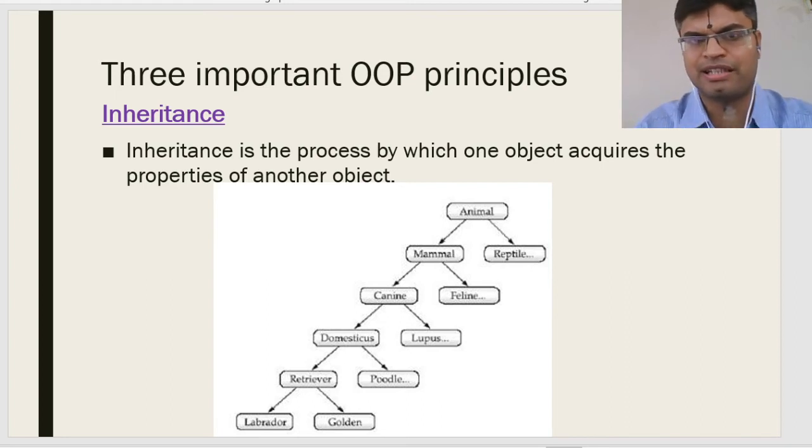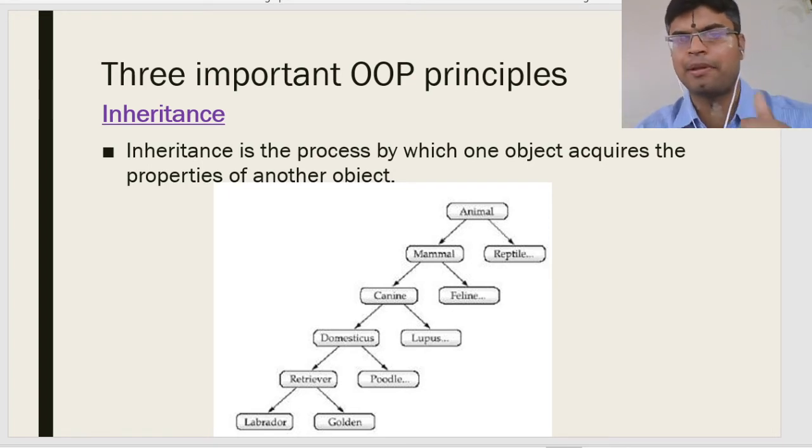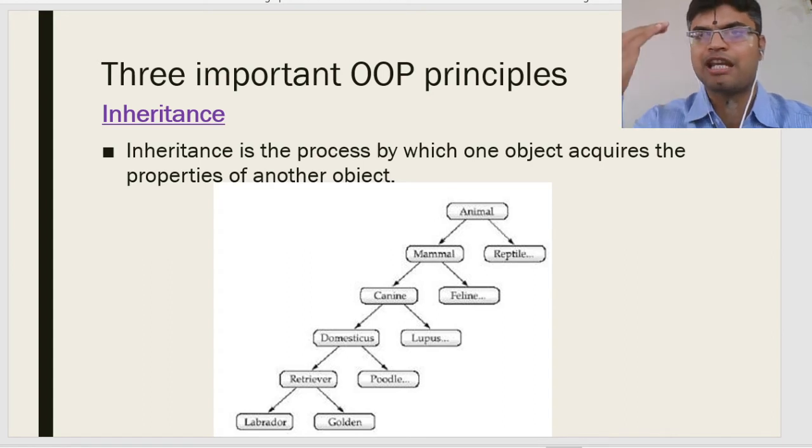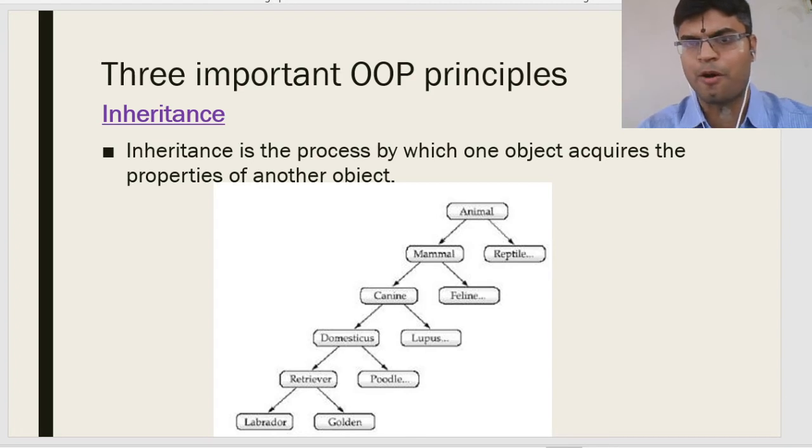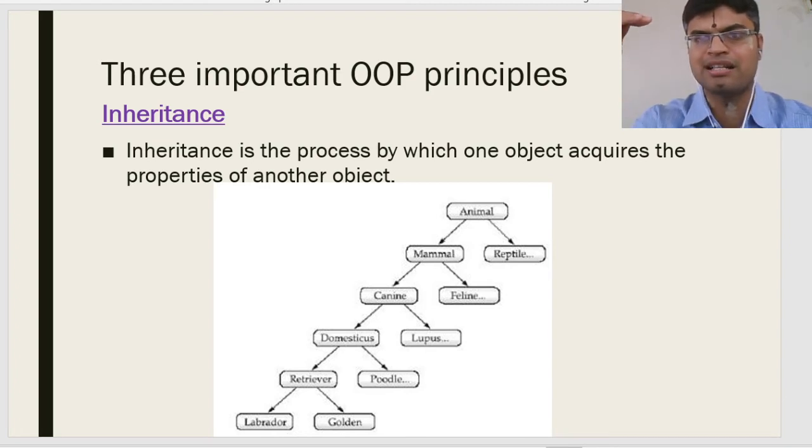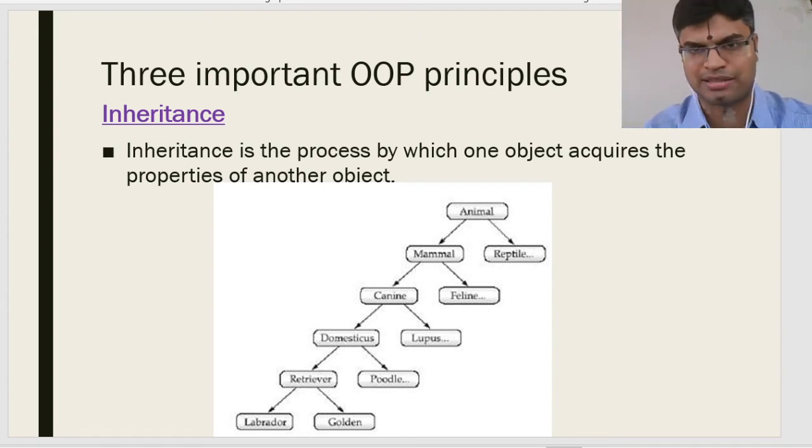Okay, first we'll see the definition. Inheritance is the process by which one object acquires the properties of another object, right? In the example there you can see we have an animal class under which we have reptile and mammals, right? Reptile is another class or an object which is inheriting from the animal class. Mammal is another object or class which is inheriting from the animal class, right?